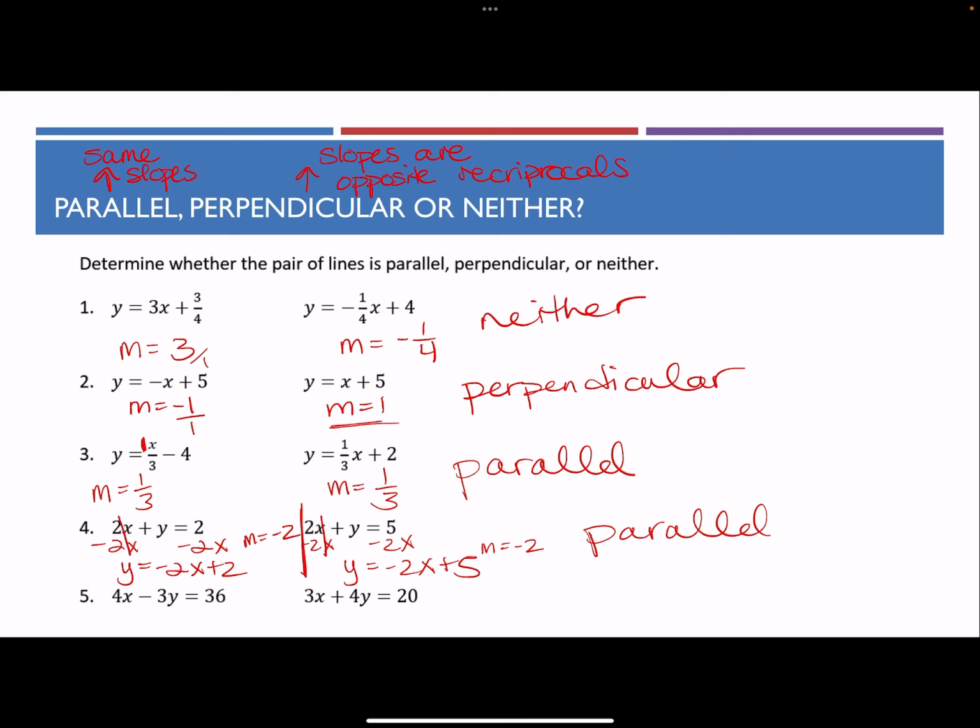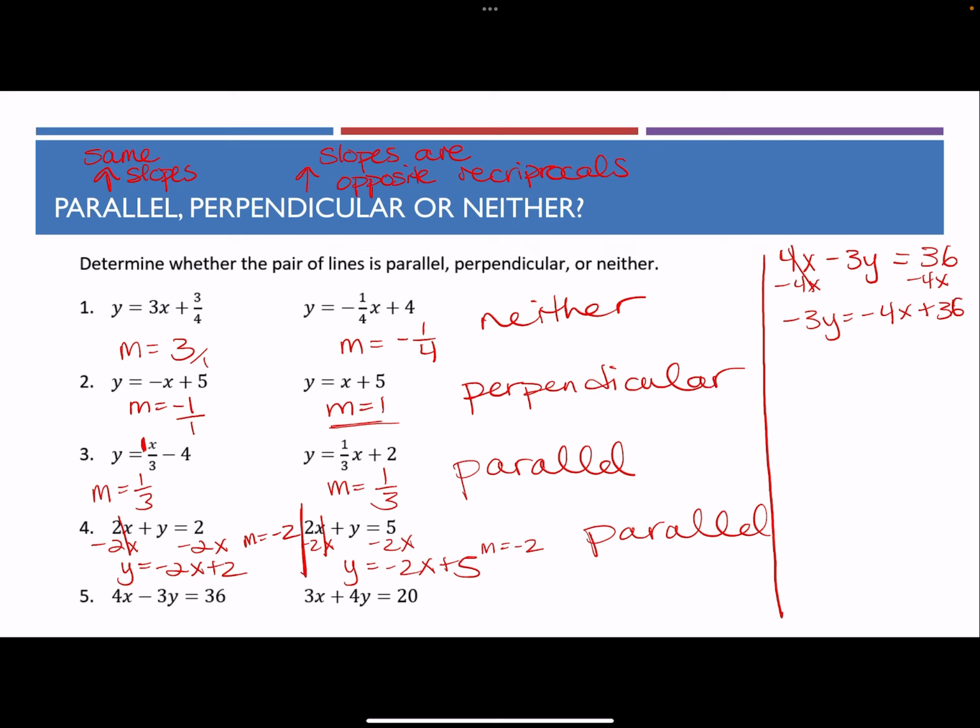All right, number 5, I'm kind of out of room, so I'm going to do it over here. So again, these equations are not in slope-intercept form. They're not in y equals mx plus b, so I got to put them into y equals mx plus b. So solve for y. We're going to subtract 4x. We have negative 3y equals negative 4x plus 36.